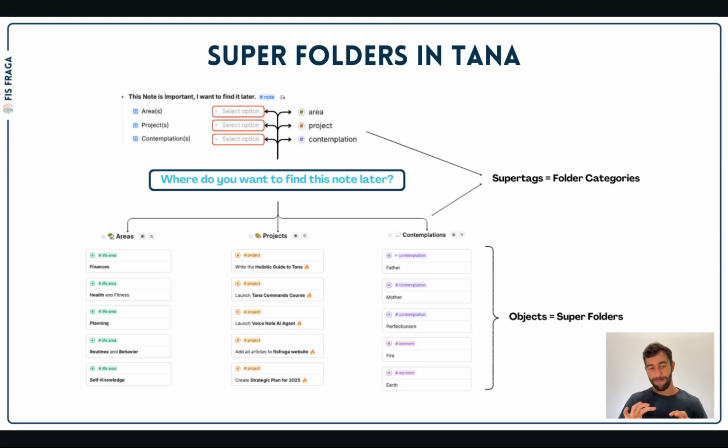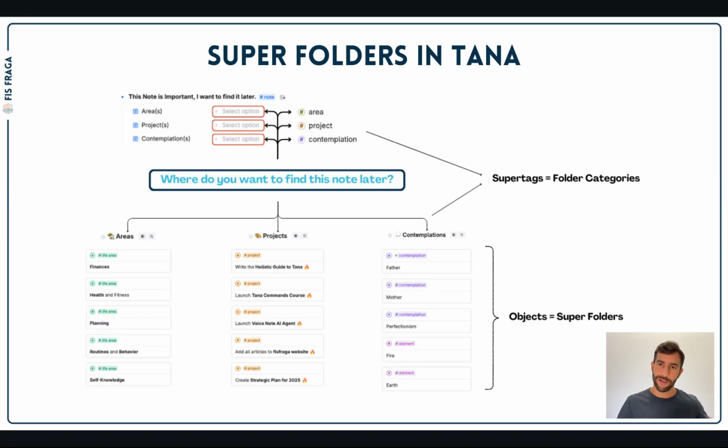And why do folders have categories? Because they are super folders. Super folders is my unique way of describing this entire process of saving information in Tana, because it matches with the super tags. So the super tags create these categories, which are the area, project, and contemplation in this example.